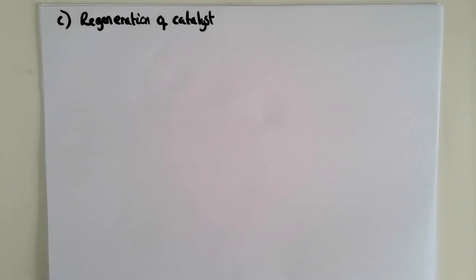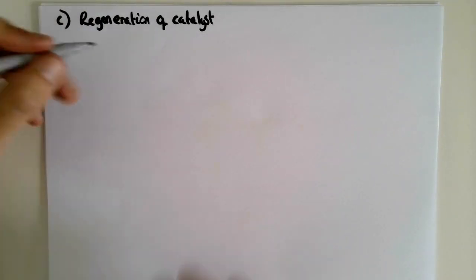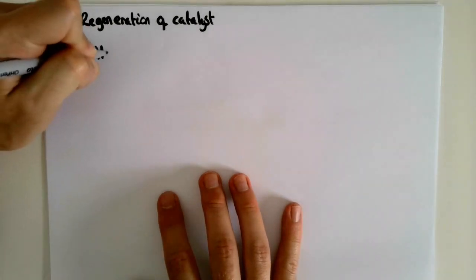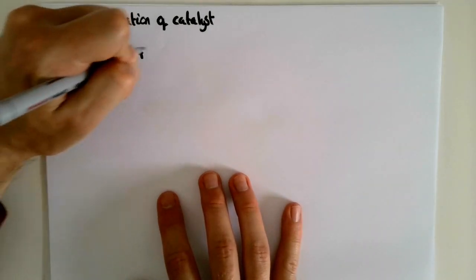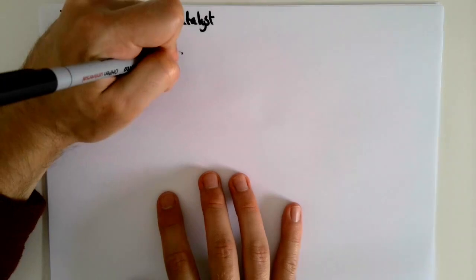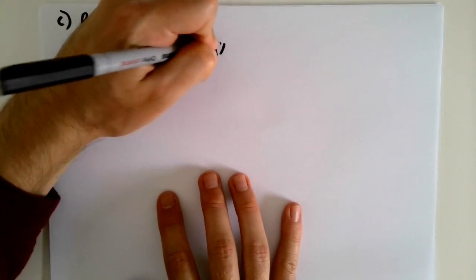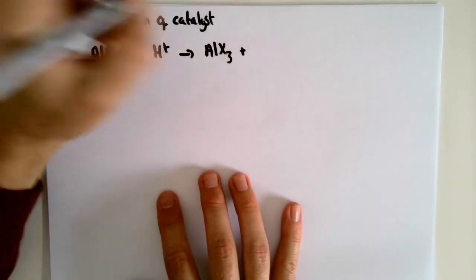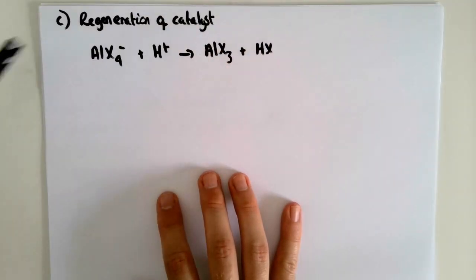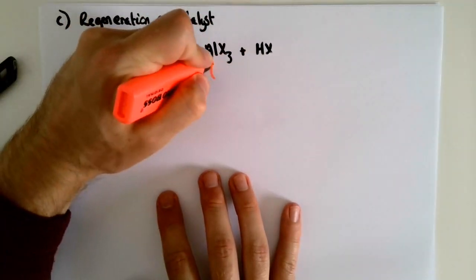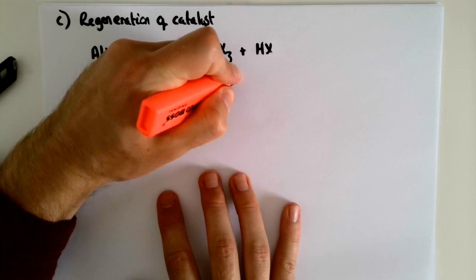So it's making that aluminium halide catalyst again. So we use AlX4 minus, H plus, and that's going to reform our catalyst, and then a side product HX. So there's our catalyst, which has been restored.